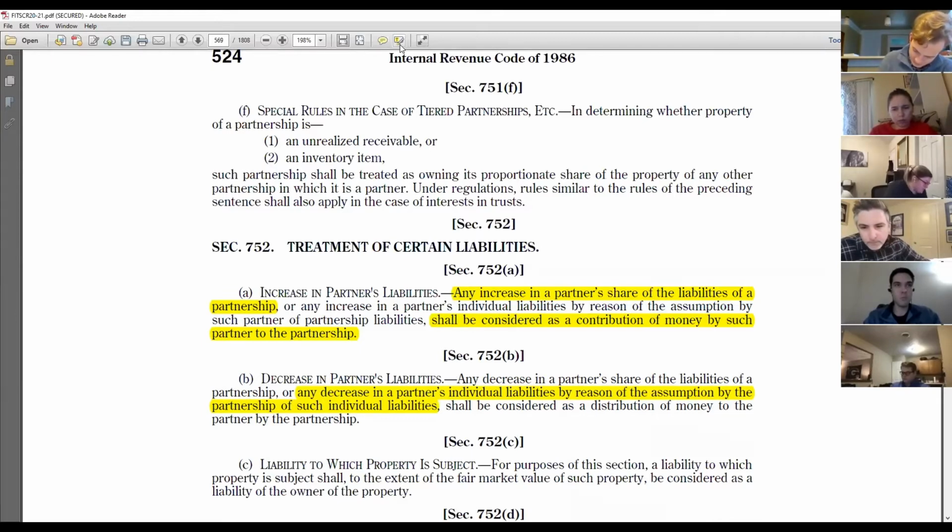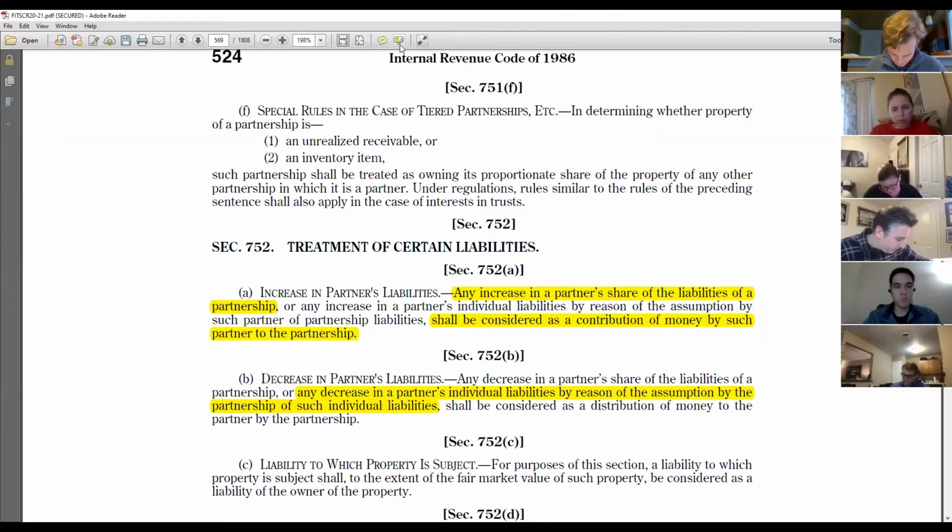And that's what's going on here, the latter. So here we have C's debt of 30 is becoming the partnership debt of 30. So under 752B, that's a constructive distribution of money to the partner by the partnership. So we have a constructive distribution of 30 to C.